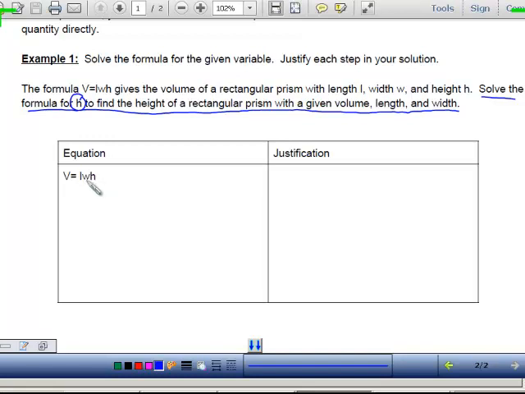So if I look here, I notice we have a W being multiplied into H. So the inverse to multiplication would be to divide both sides by W. But you'll also notice if I just divide both sides by W, that's only going to take away the W. I still have this L. This L is being multiplied as well into the H, so maybe I should probably divide both sides by LW.